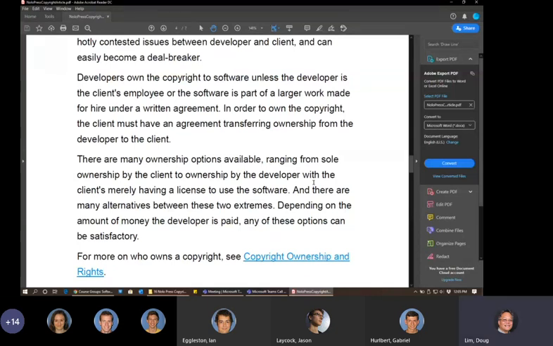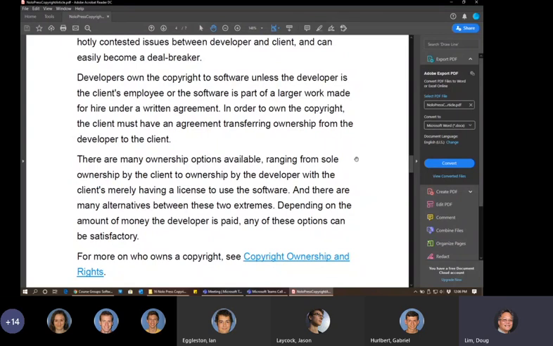These are all things that need to be worked out to prevent any issues later on in the cycle or even after the product is delivered. The range of options here runs from sole ownership by the client to ownership by the developer, with the client merely having a license to use the software.